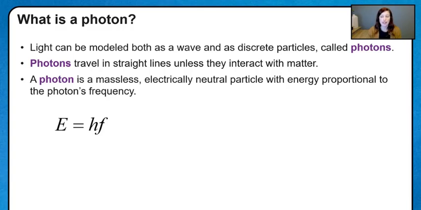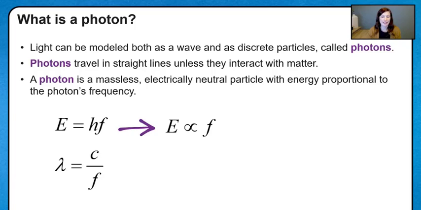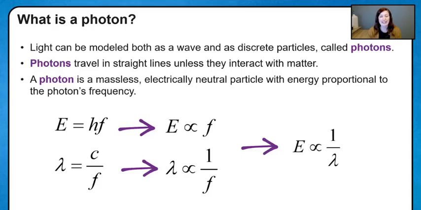Remember, there's an inverse relationship between the wavelength of the light and its frequency. So if the energy of the photon is proportional to the frequency and the wavelength is inversely proportional to the frequency, then the energy of a photon is inversely proportional to the wavelength.